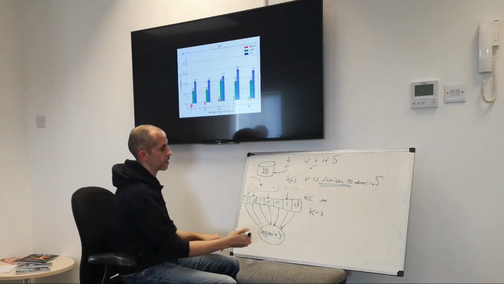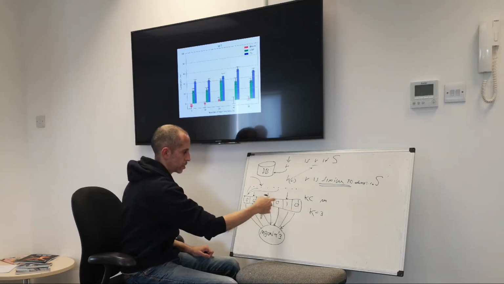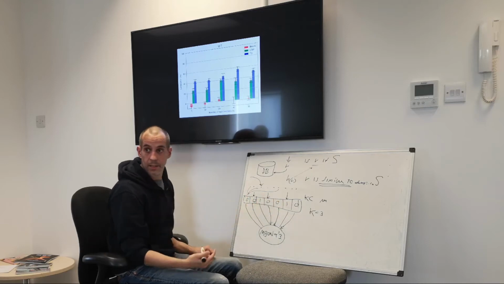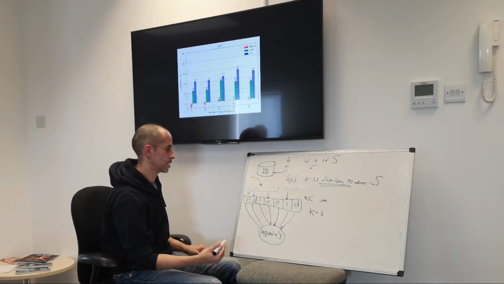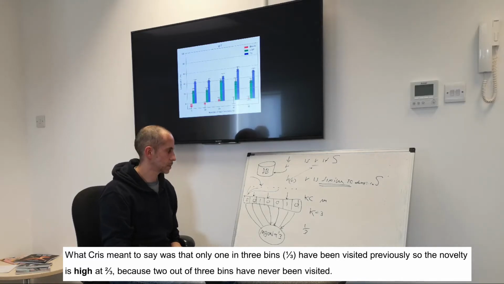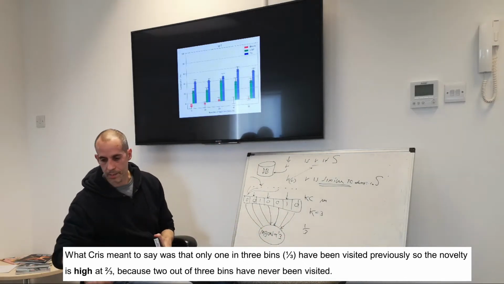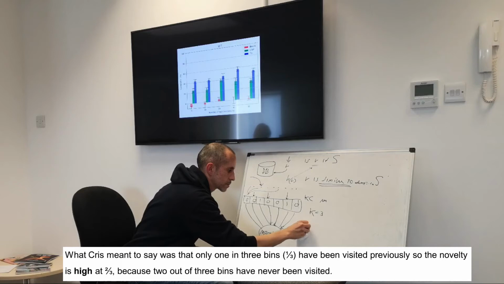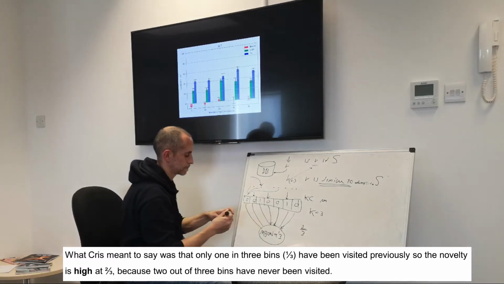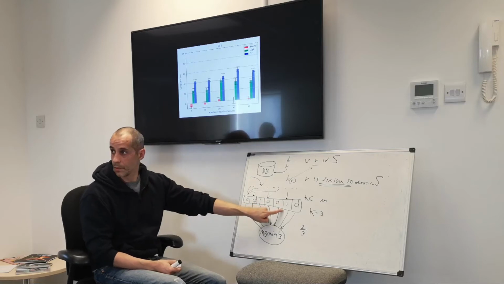This one, remember K is 3, so it looks at these 3 and says 1 out of the 3 is excited. So the novelty is basically 1 out of 3. Or rather, because we're talking about novelty, have I seen this before or not? So it's 2 over 3. Only 1 out of the 3 has been seen before, so this is very novel.